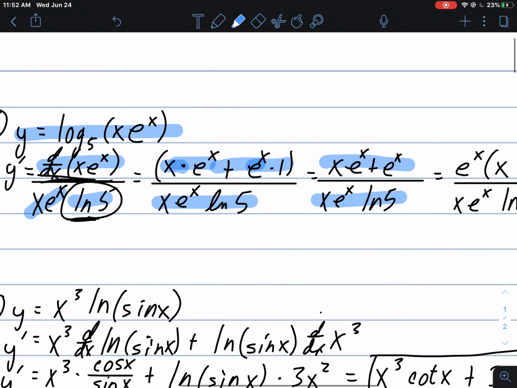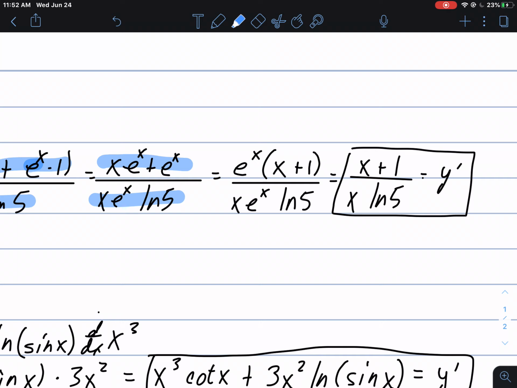But then you can also recognize with this one, there is some simplification as well. We're always looking to simplify. So I could factor out an e to the x in that numerator times x plus 1 over that denominator, and I can divide out that common factor of e to the x. And I'm left with x plus 1 over x times the natural log of 5 as your derivative y prime.